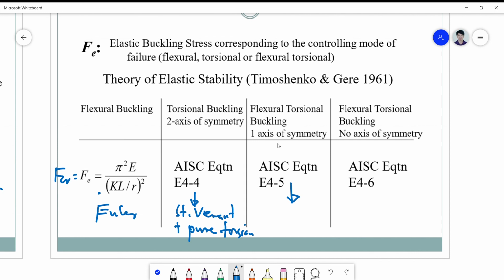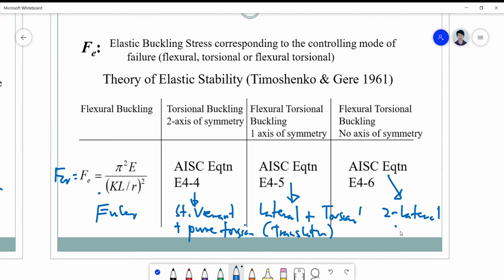And this is one buckling. This has something to do with lateral plus translational or torsional rather. Okay, when I say lateral, this is also the translational that I am talking about. And when we talk of the last formula here, we have two laterals, x and y, plus the torsional.